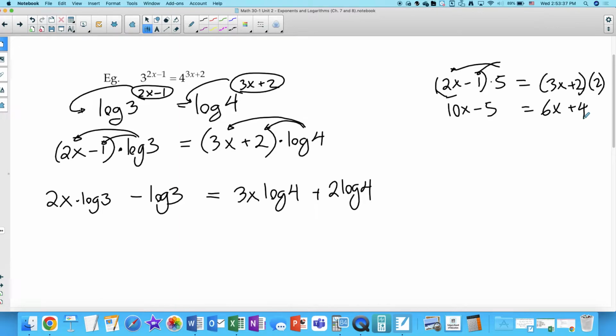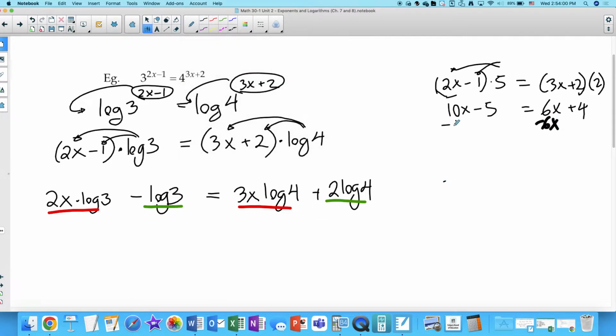Yeah. Collect x terms on one side, collect the numbers on the other. Okay? So if we look at this, these are the ones that have an x in them. And these are the ones that are just numbers. So we need to collect x's on one side. So let's say I subtract 6x.